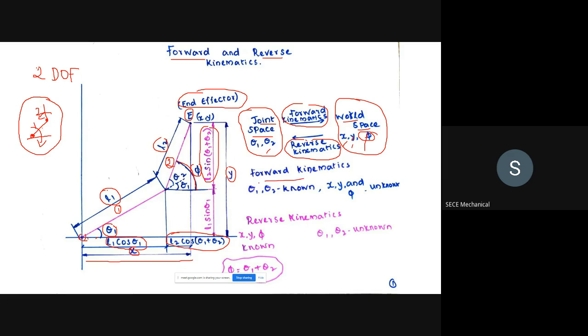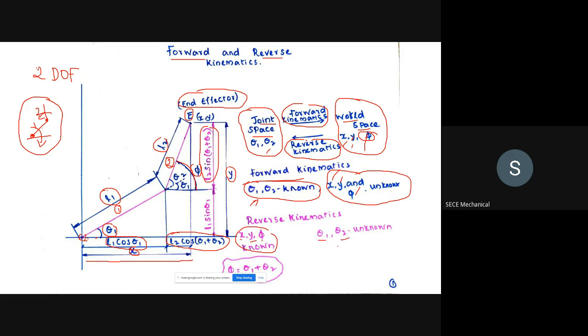So this is my forward kinematics. Theta 1 and theta 2 are known, and you have to find the x, y, and phi values. So theta 1 and theta 2 are our given data, and this is our solution, which means this is forward kinematics. If you are going for reverse kinematics, then x, y, and phi values are known, or are our given data, and you have to find theta 1 and theta 2, which is to be solved.